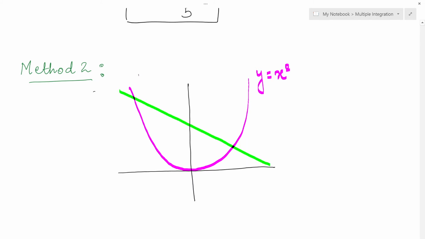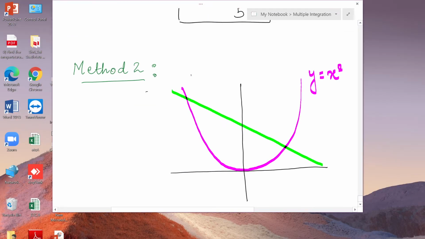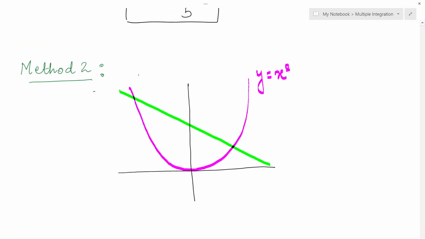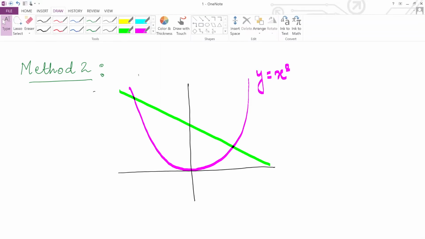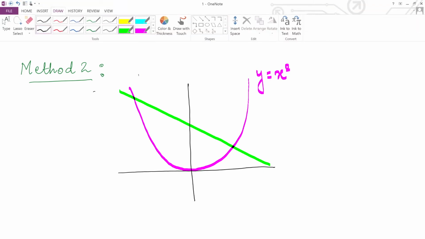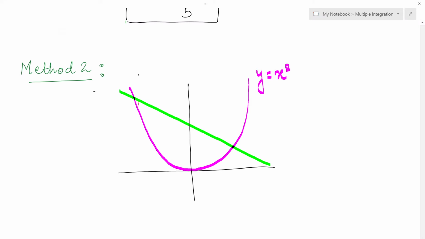Okay, so now we have to consider the region of intersection. The region of intersection over here is clearly what? It is the area under this green line. Now if we take a vertical strip, as we have done in method 2, the region of intersection over here will be the whole area, right?